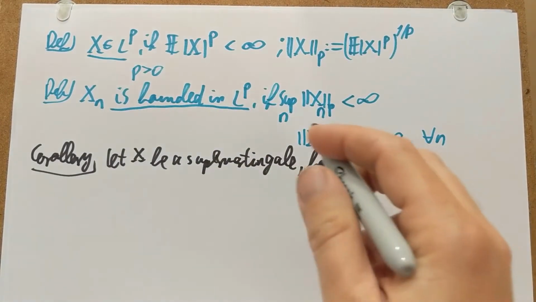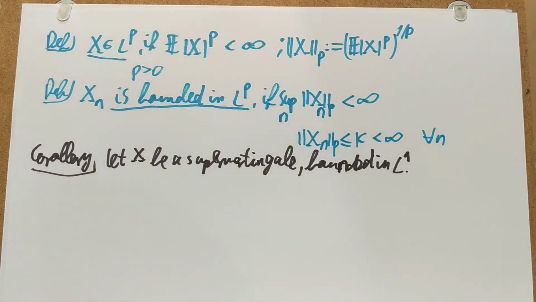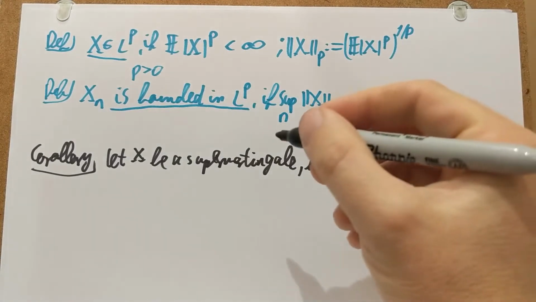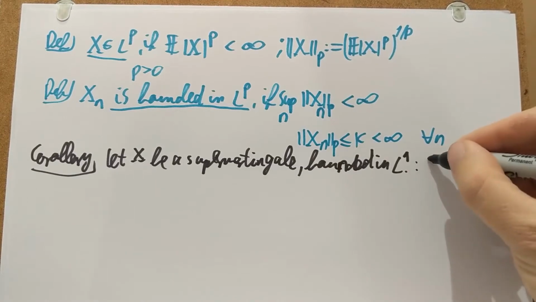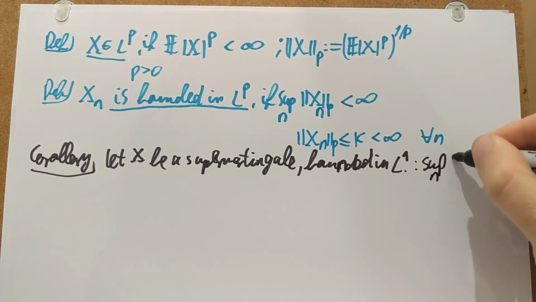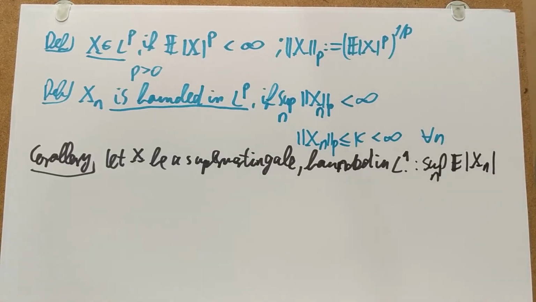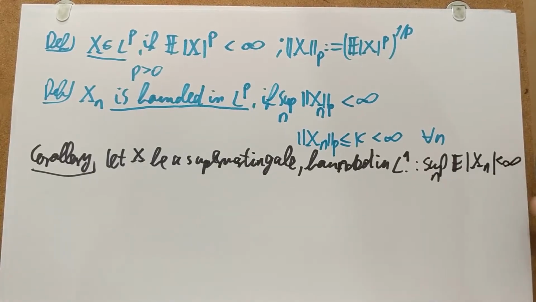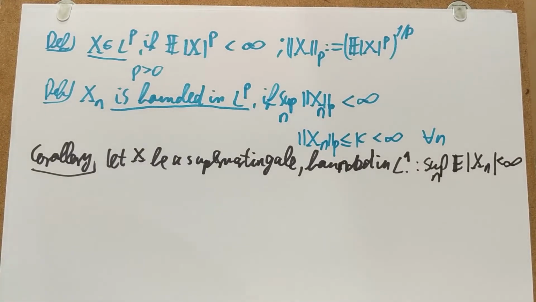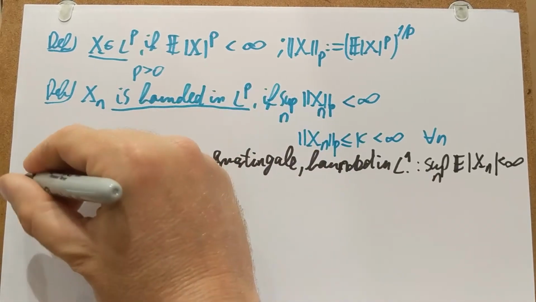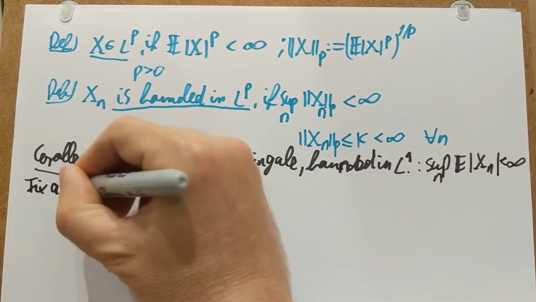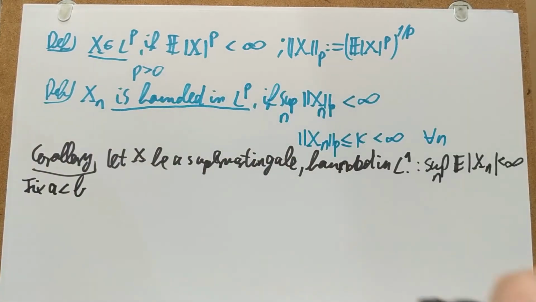So that means that I have a bound on the expectation of the modulus of X_n uniformly for all n, a bound that works for each of them. Let me write this out explicitly. If I take the supremum of the first norm, which is just the expectation of |X_n|, then this thing, even with a supremum, is finite. Fix, as usual, two real numbers a and b, a smaller than b.